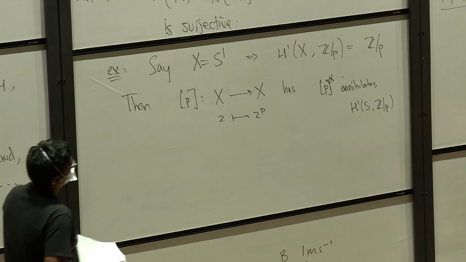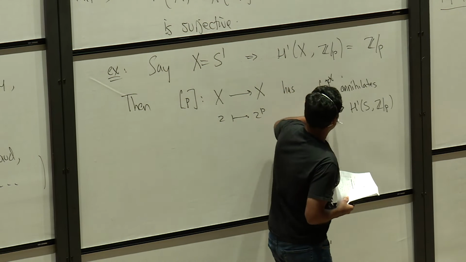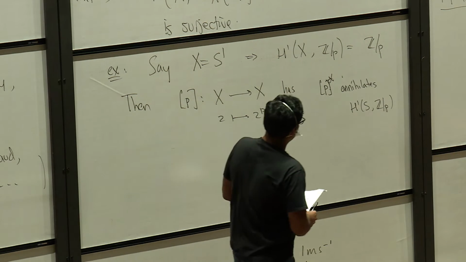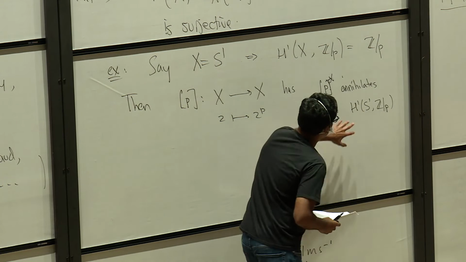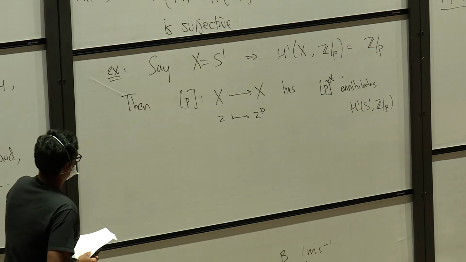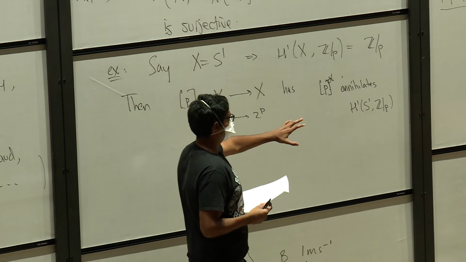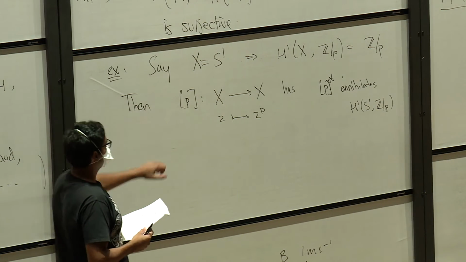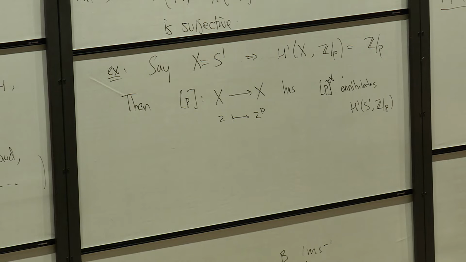And multiplication by P on Z mod P is the 0 map. And so this annihilates this group. And therefore, if you're imagining that this group is capturing some kind of obstruction data to solving certain geometric problems, then what this is suggesting is that maybe you can kill those obstructions by passing from X to certain finite covers of it. And this is the idea that we want to follow in algebraic geometry.